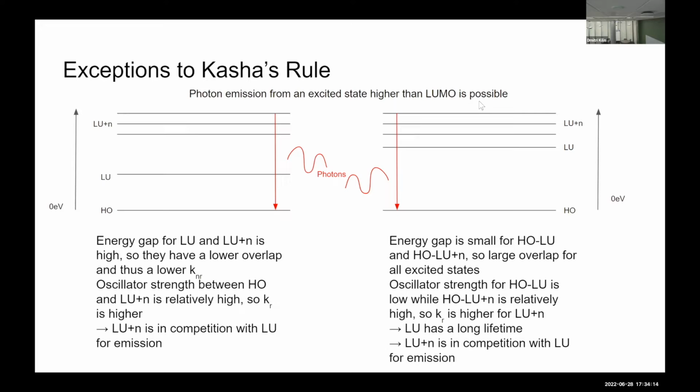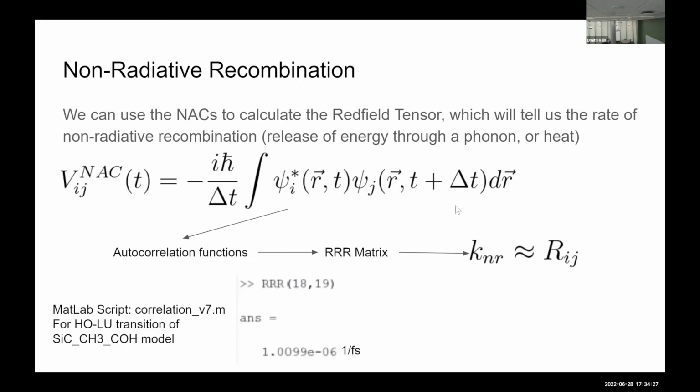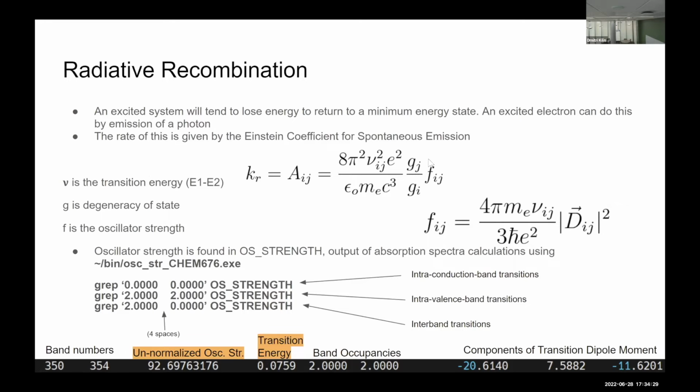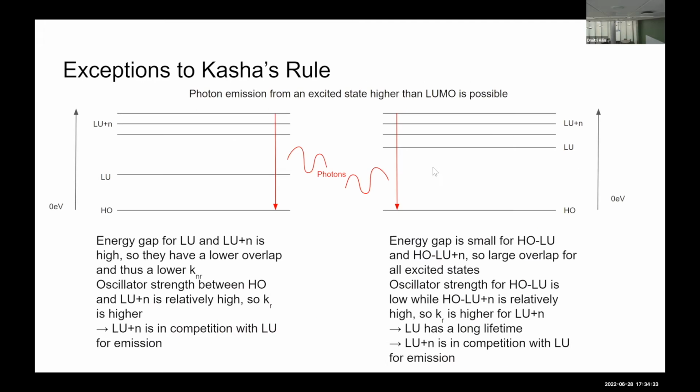So if you put a photon up to this higher excited state, and LUMO is going to have a relatively low oscillator strength connection to HOMO, the KR is going to be low because its oscillator strength will be low. So we will be about just as likely to see a transition from HOMO to LUMO releasing a photon, as well as a higher LUMO state releasing a photon.